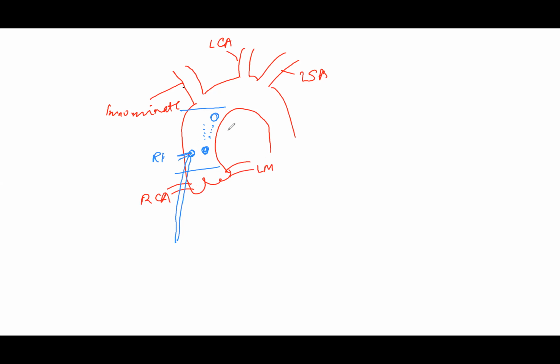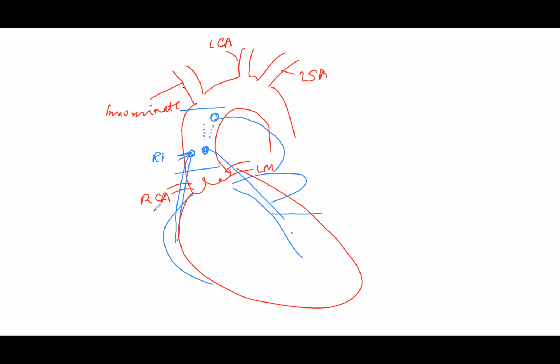The LAD is somewhere here, RCA is somewhere here, and then circumflex is somewhere in the back. So the LAD graft, or diagonal graft, if there's a diagonal, comes right and straight like this. The circ, on the other hand, takes a longer path and goes to the back of the heart. And usually, if this is the heart, I'm just making this heart up.